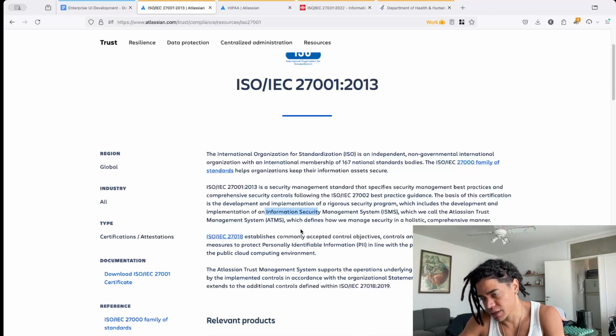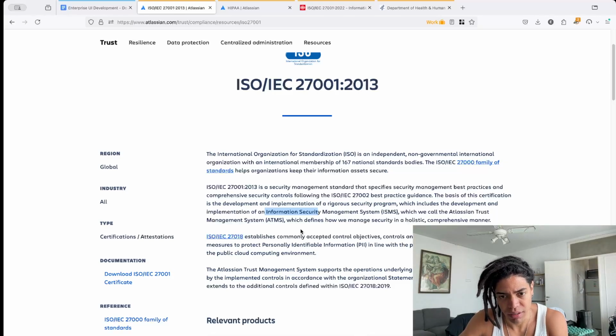All the companies like Hitachi and GlobalLogic must follow this particular compliance, where they define how they're going to manage security in a holistic and comprehensive manner.